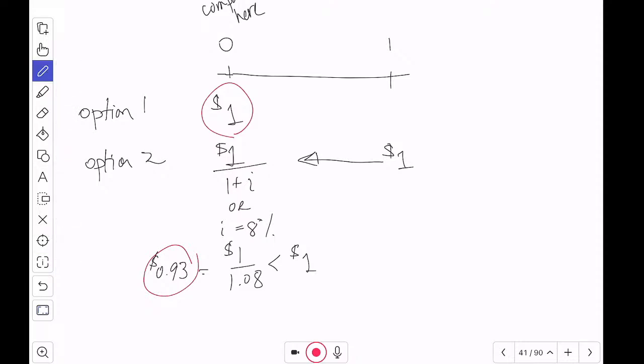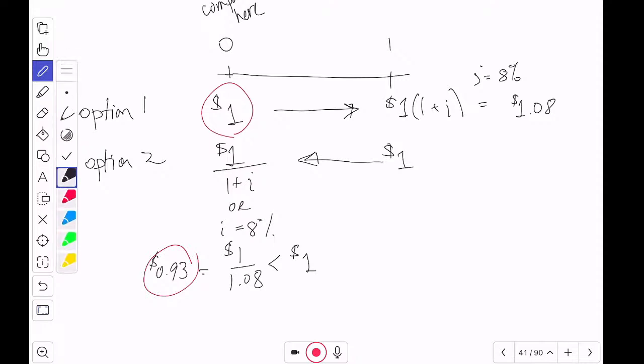If you invested it, that dollar in a year would become $1.08 at 8%. Again, if you compared at time 1, now you're comparing $1.08 to 1.